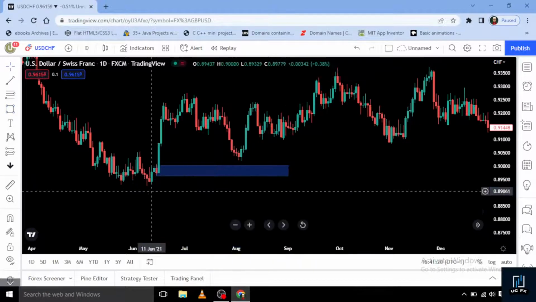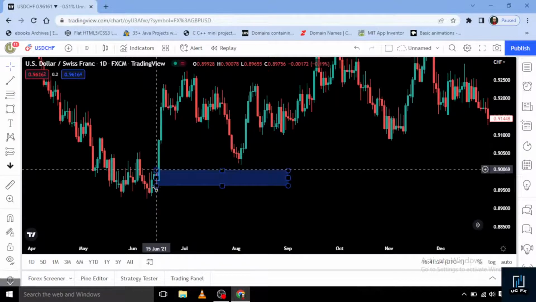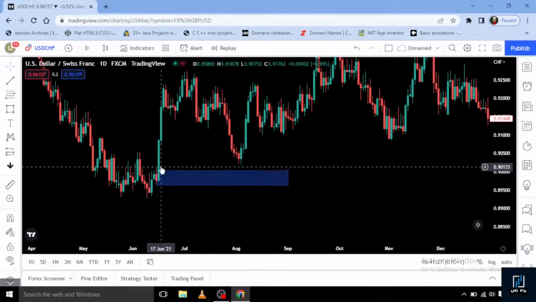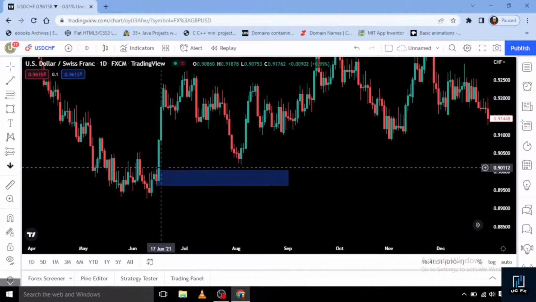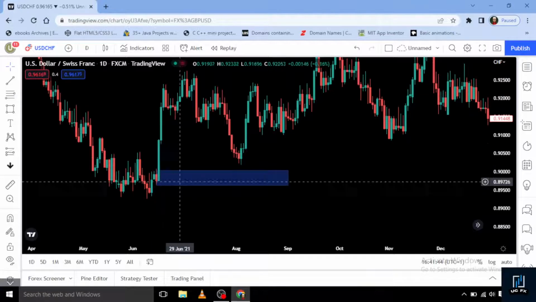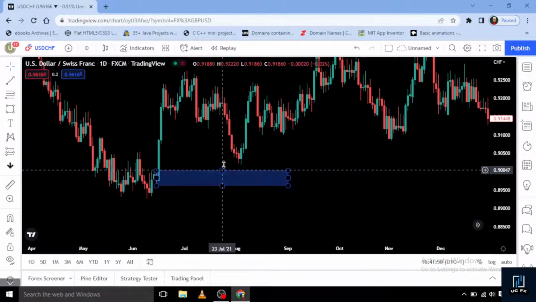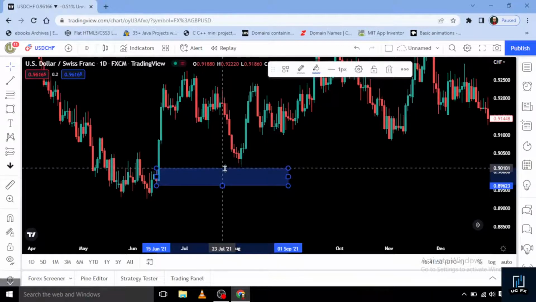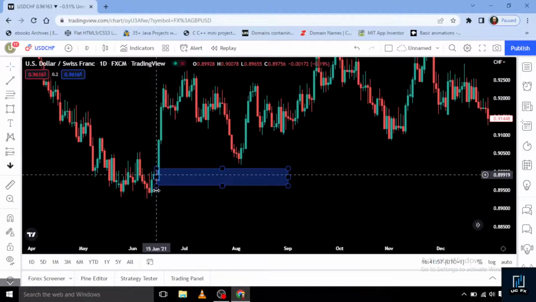This is exactly what we call a bullish order block: the last bearish candle before an impulsive move upwards. You have to mark it from the high of the red candle to the low of the red candle. So this is what we call a bullish order block.